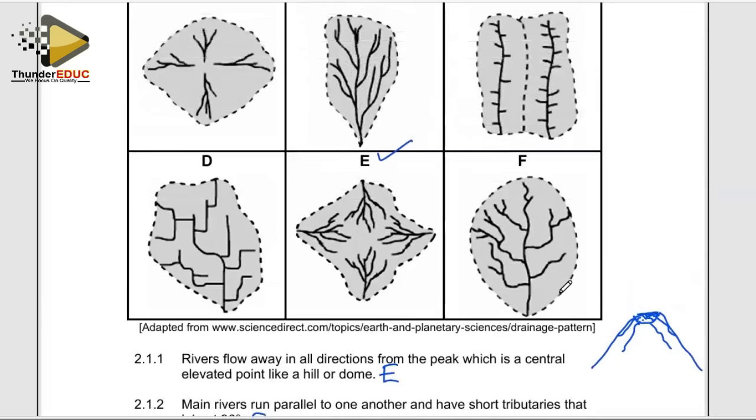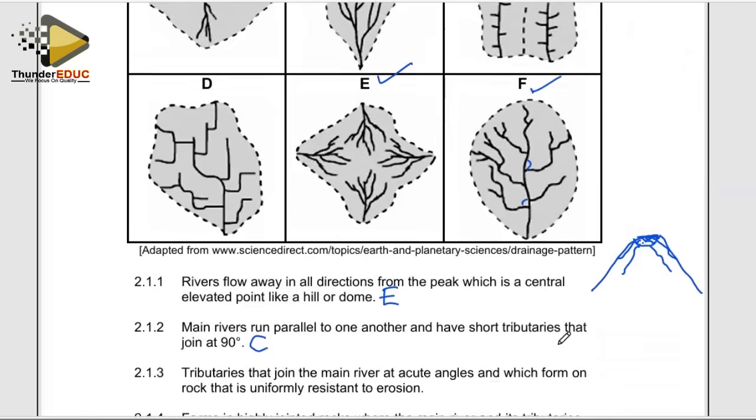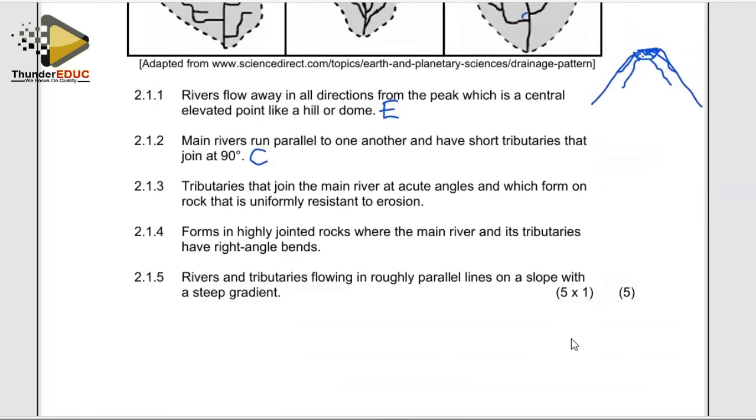Joining at acute angles and forming over uniformly resistant rocks, that is a dendritic pattern, which is typical of F. So our F is the one which is best described by statement number 3.